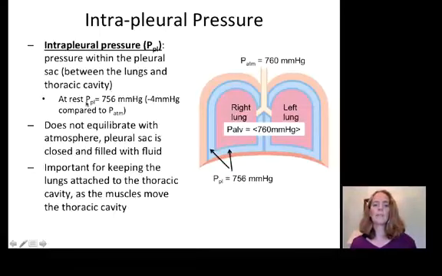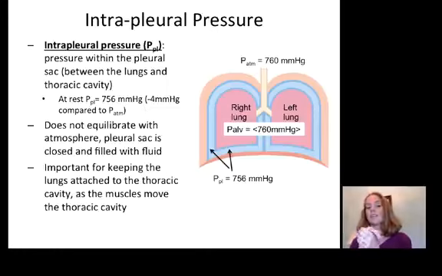We're going to call this P pleural, or intrapleural pressure, and it's going to be around 756. This is set by the way that the lungs develop in the chest cavity and by the suction of this fluid against the chest and lung wall.